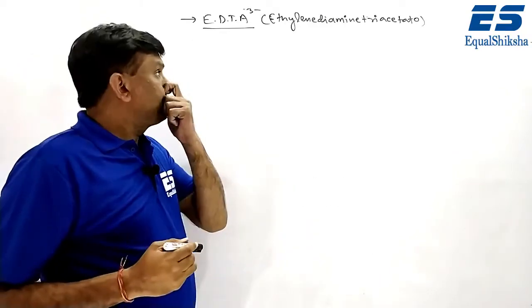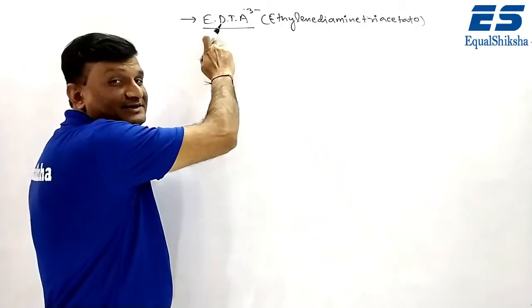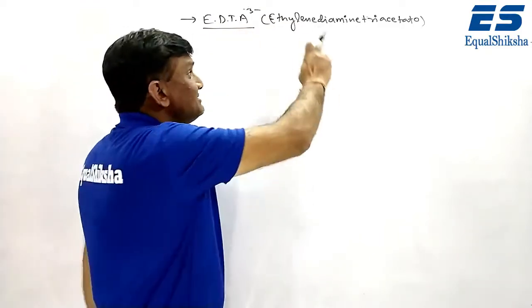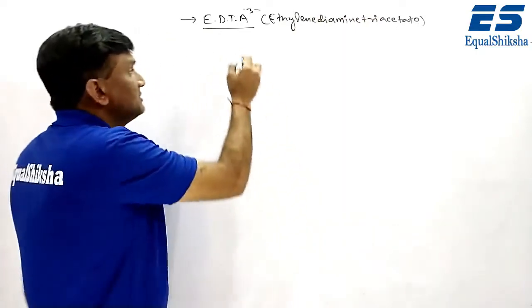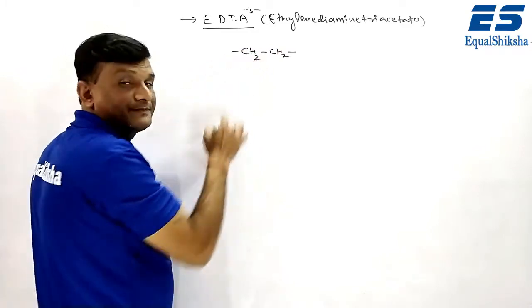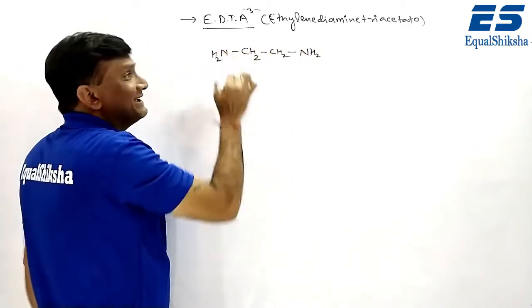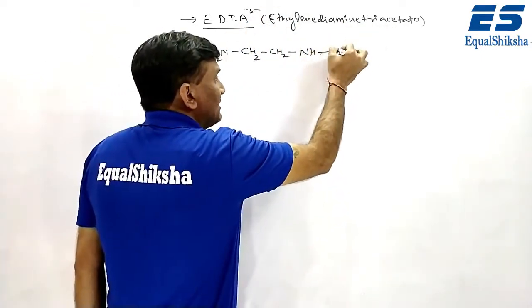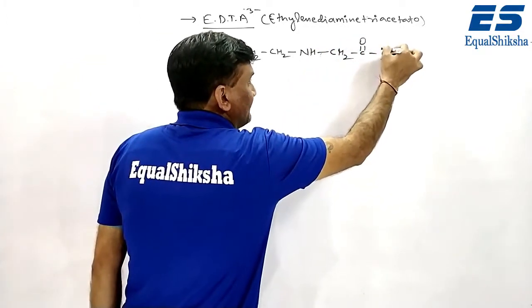Now the pentadentate ligand, having 5 donor atoms. An example is EDTA 3-. Its name is ethylenediamine triacetato. The structure is ethylenediamine, with NH2 groups. But since we are taking triacetato, we eliminate hydrogens and the structure will be CH2, COO negative.